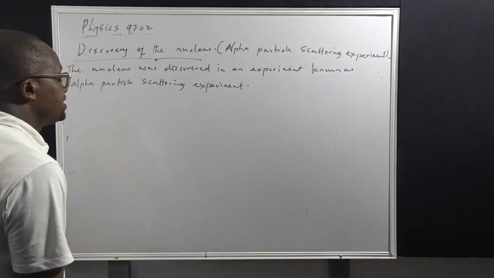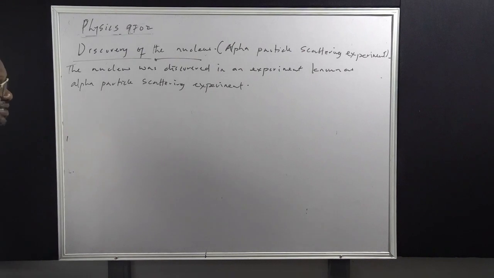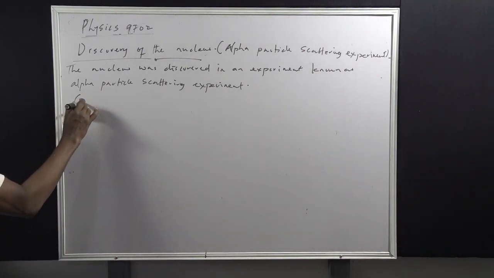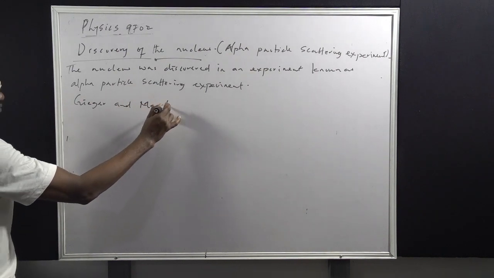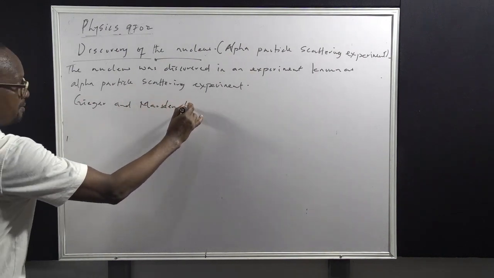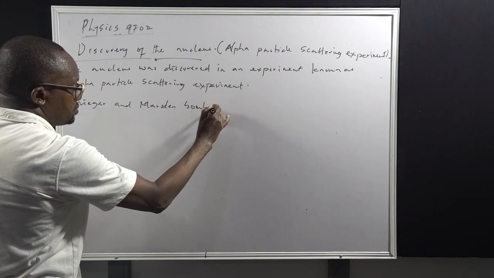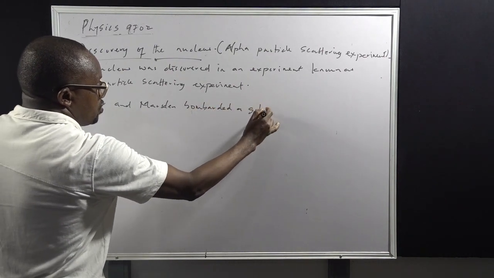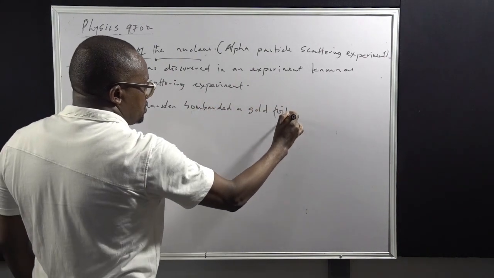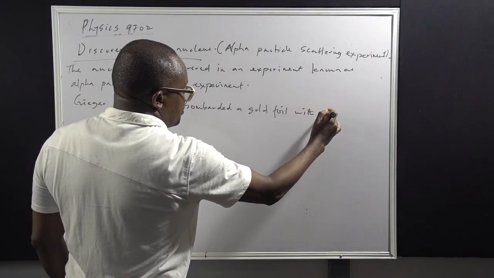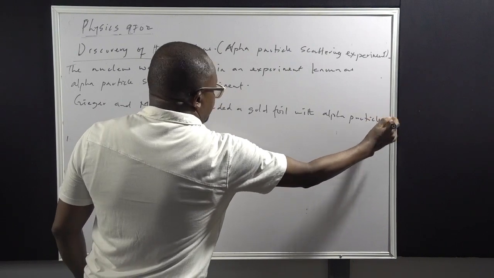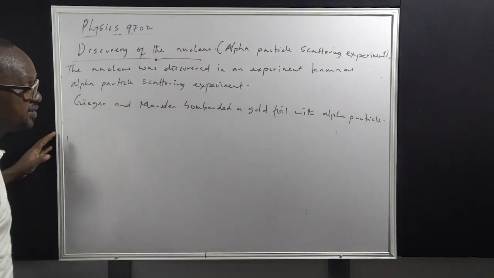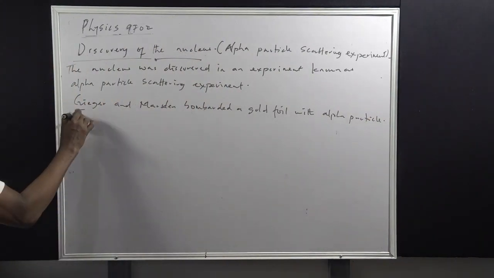So what happened in this experiment was that two scientists by the names of Geiger and Marsden bombarded a gold foil with alpha particles. And they observed the following.